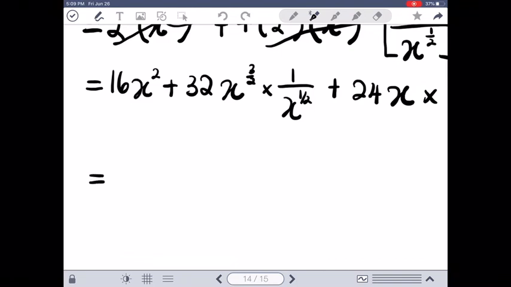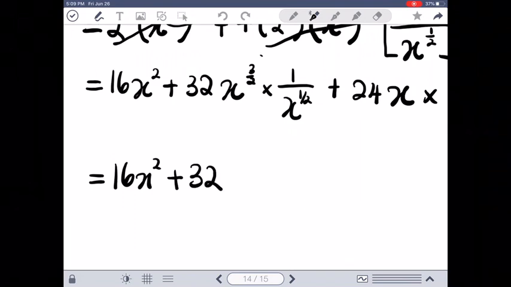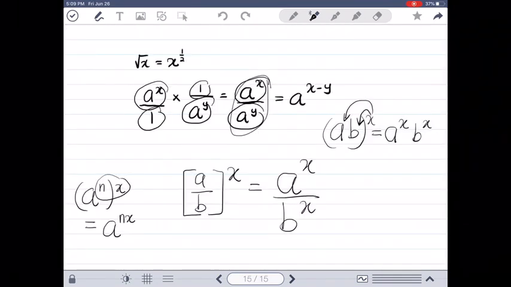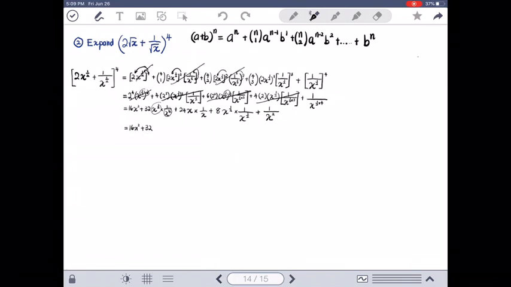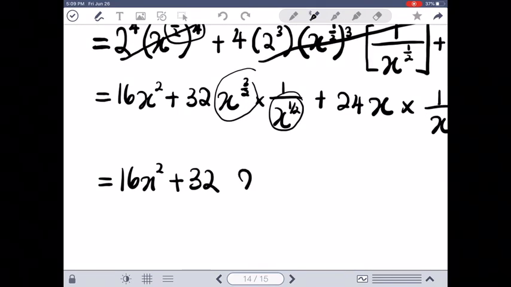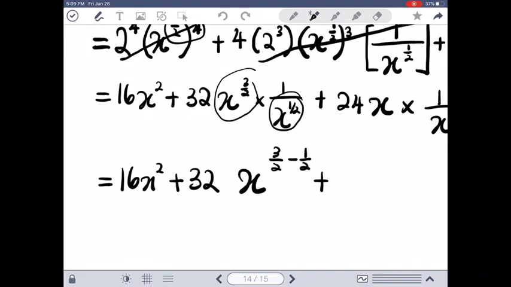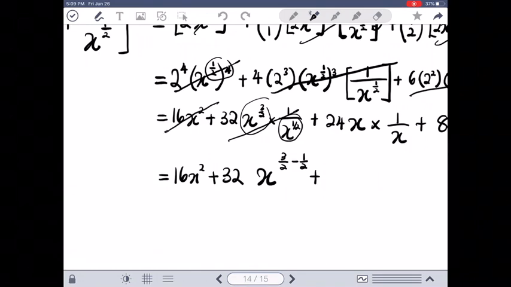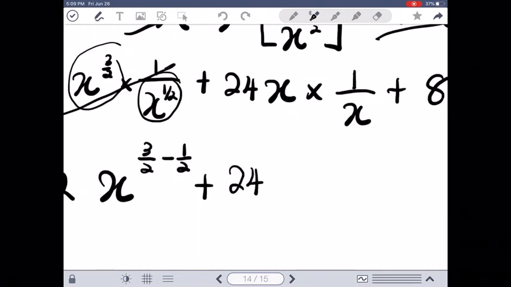Now, simplify again. 16x squared plus 32. Since x and x have the same base, just now, if we have a to the power of x times 1 over a to the power of y, just equal to 1 over a to the power of x minus y. So this is just equal to x to the power of 3 over 2 minus 1 over 2, plus, so done with that term, 24x to the power of 1 minus 1, so we can cancel out that one.